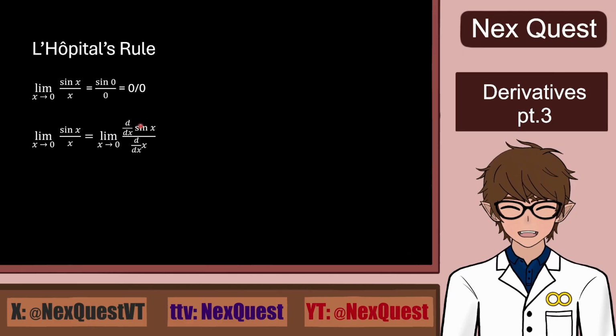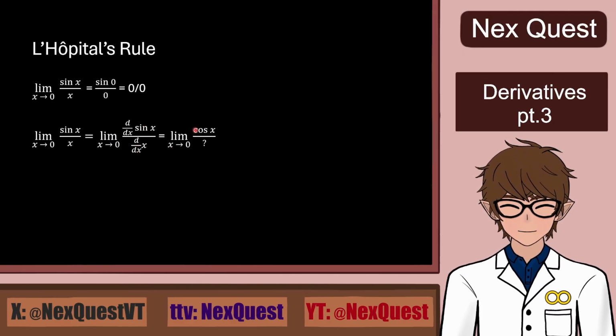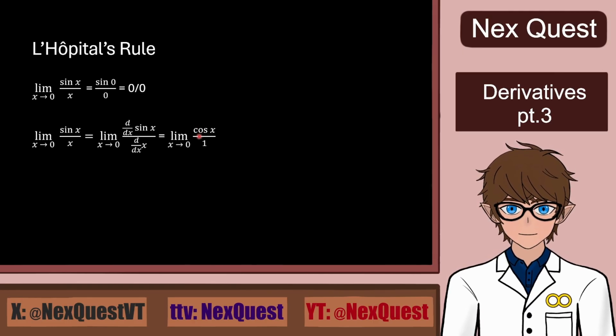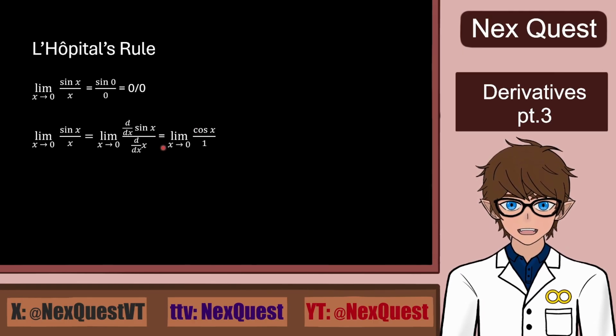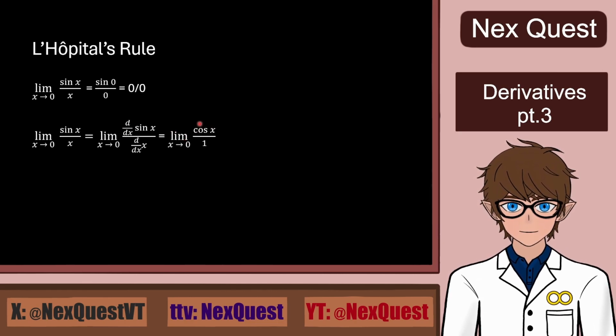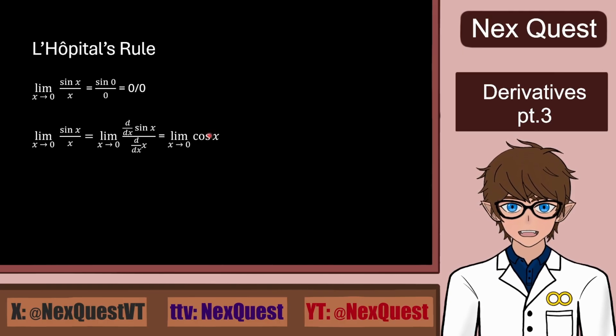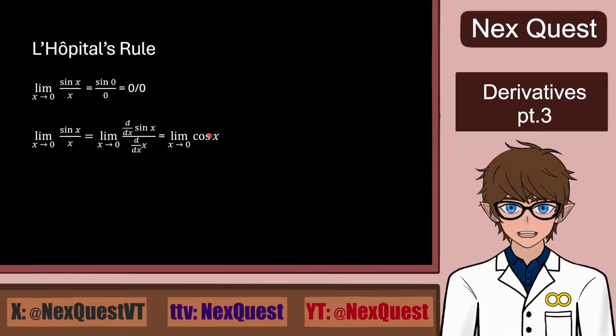So the derivative of sine of x divided by the derivative of x. We know using the table that the derivative of sine of x is cosine of x, and the derivative of x is 1, giving us the limit of our problem equals the limit where x approaches 0 of cosine of x divided by 1, which is basically just the limit of x approaching 0 of cosine of x.